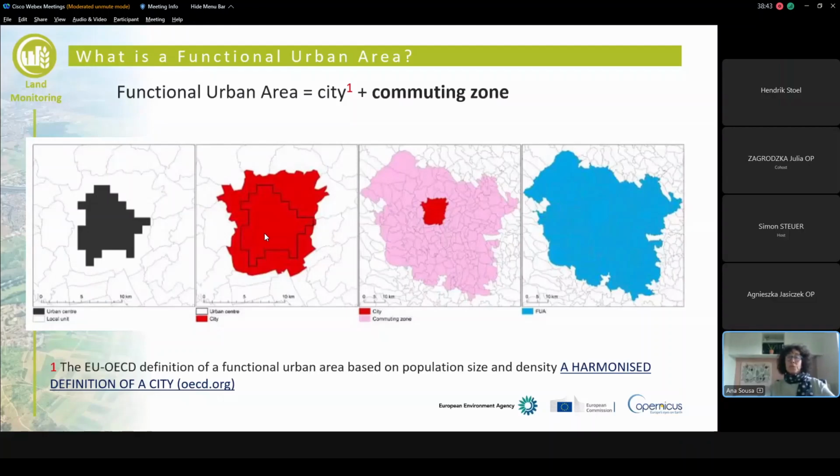Then we finally reach the functional urban area, which is the combination of the city with its commuting zone that you can see here on the right-hand side. So in a way, we can say that the functional urban area encompasses the economic and the functional extent of cities based on population density and people's daily movements.